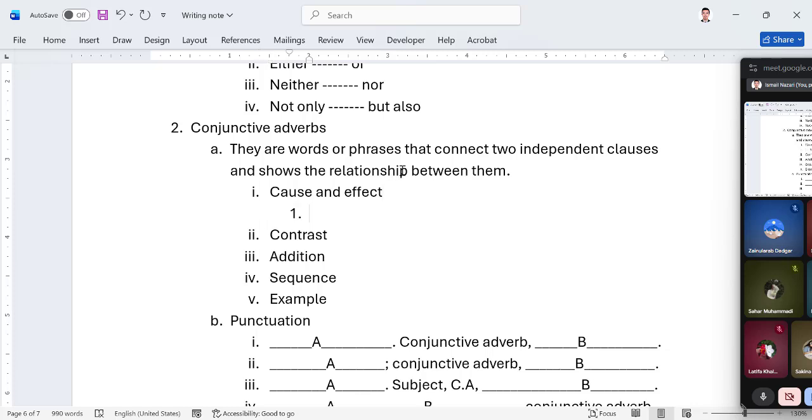If you have a cause and effect relationship, we may start with, for example, cause and effect. We have, first of all, therefore. So I'll write here, therefore, and we may put a comma after that.